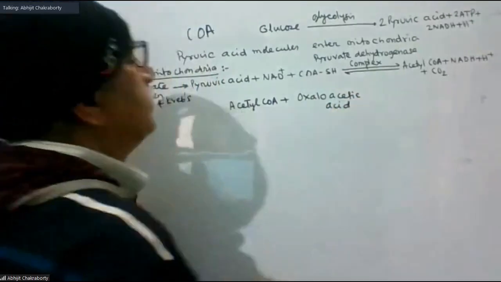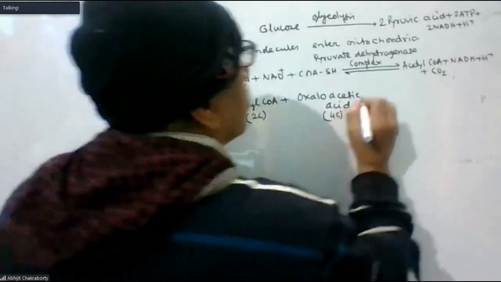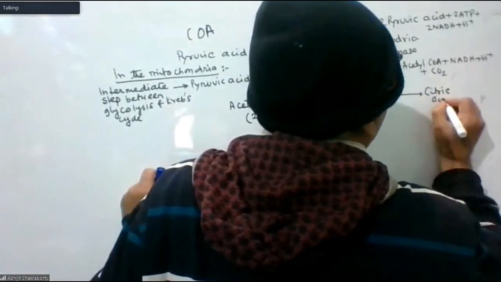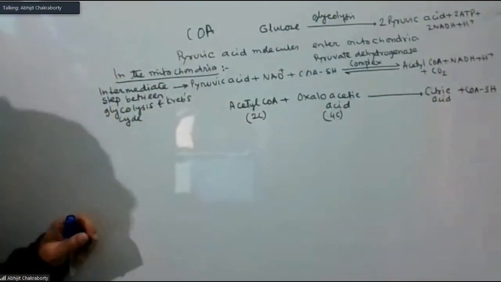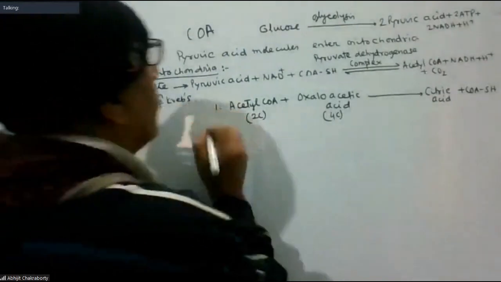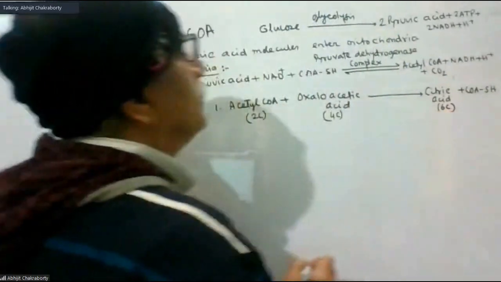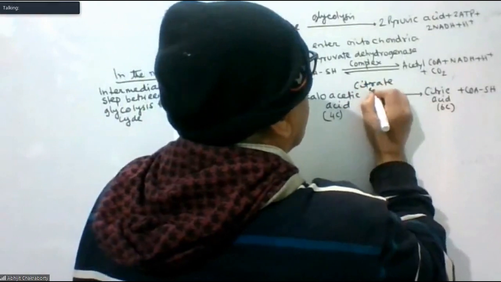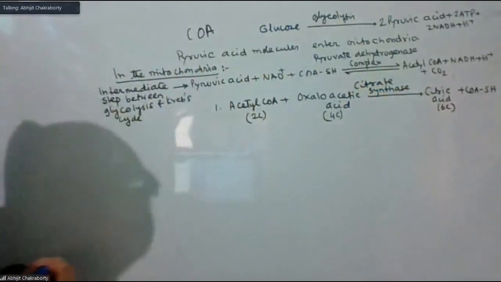Observe acetic acid forming a six carbon compound. So this is the first reaction of Krebs cycle. Citrate synthase is the enzyme.